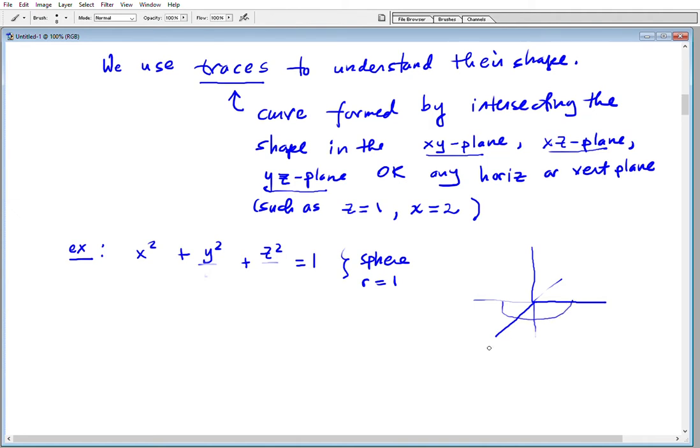Here's the trace in the x, y plane. That's what I'm drawing first. It's radius 1. And all over the same trace. The trace in the xz plane comes like this. And that's enough to give us the shape.